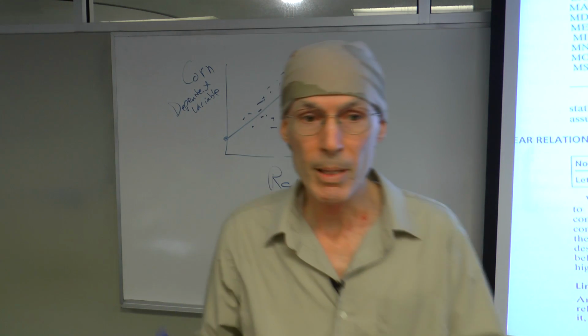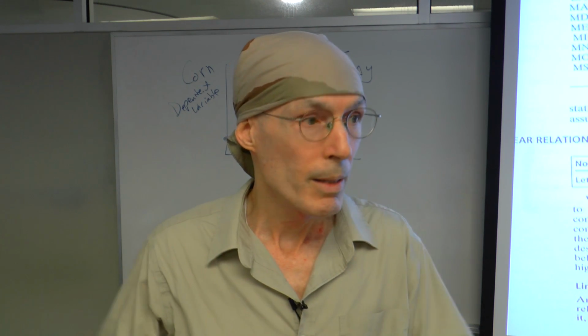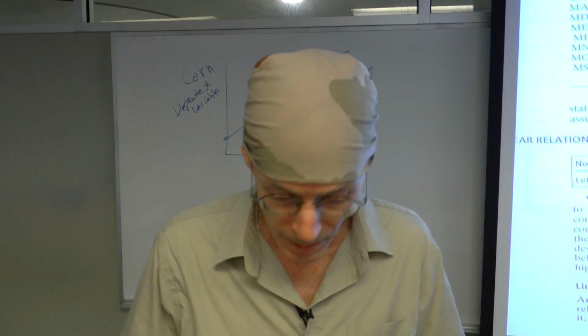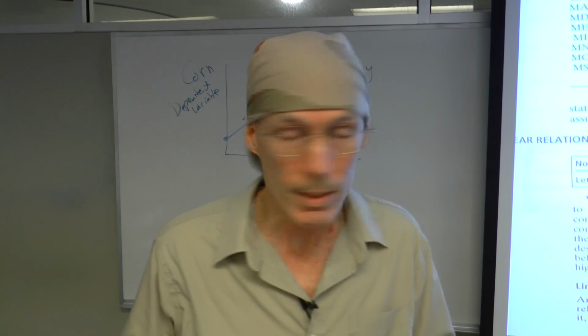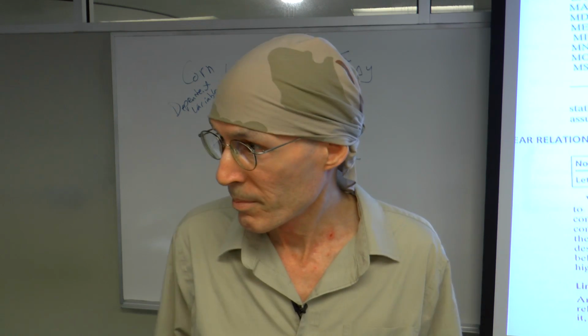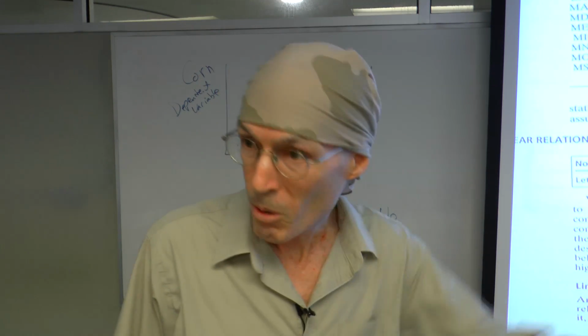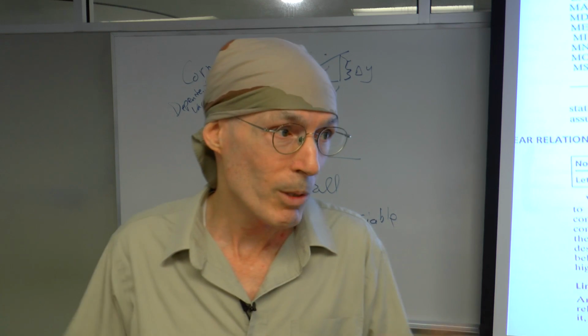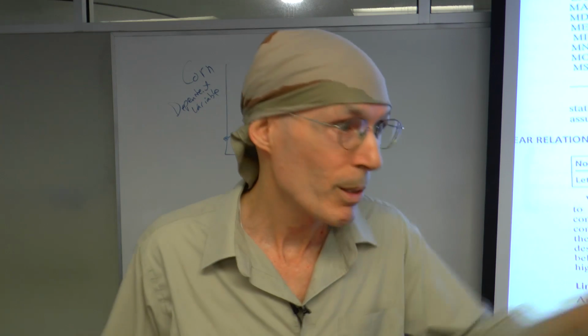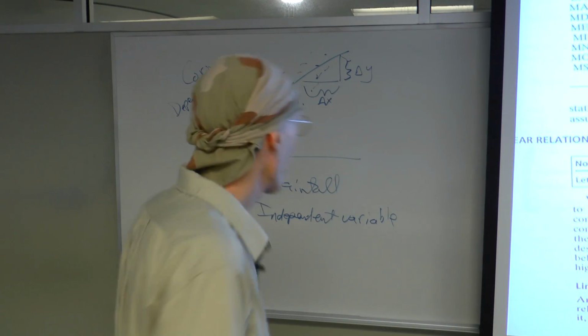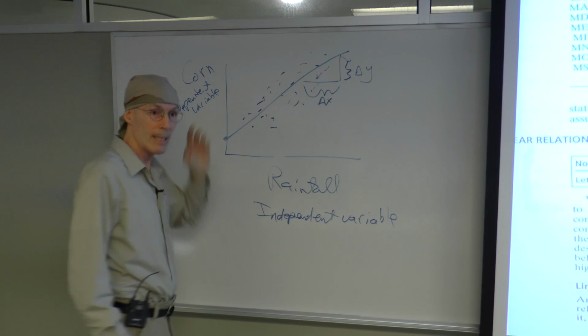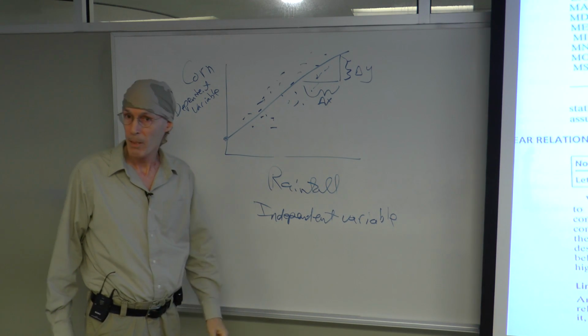Basically, on the independent side, you have this thing that's just standing here doing its own thing. It doesn't really depend on anything else. It's just there. It's cool, it's hanging out, it's rainfall. But the corn wouldn't grow without it. So the corn is dependent on the rainfall, but the rainfall doesn't give a hoot. Does it make sense? So the corn is the dependent variable, and the rainfall is the independent variable.